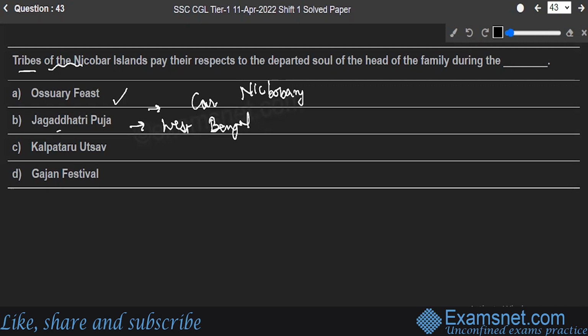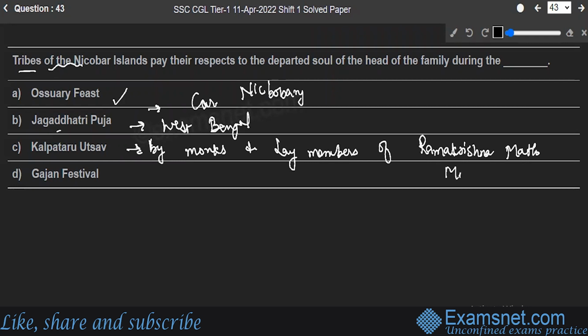Kalpataru Utsav is an annual Hindu religious holiday celebrated by monks and lay members of the Ramakrishna Math monastic order.